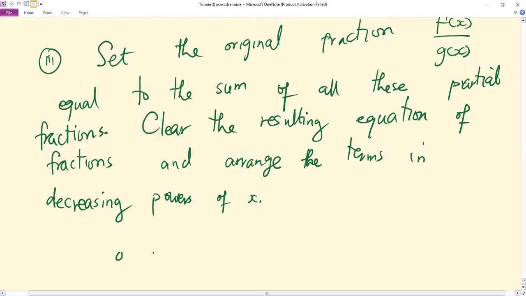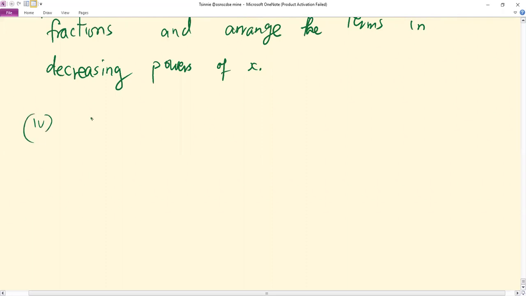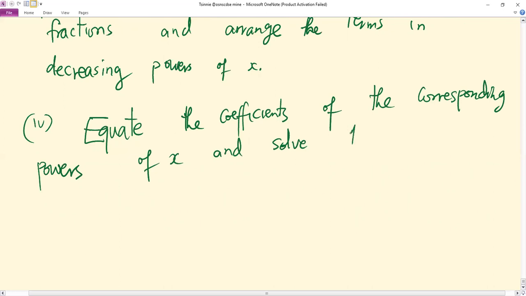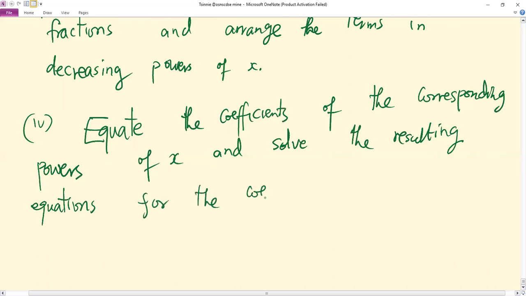And then lastly, number 4, equate the coefficients of the corresponding powers of x and solve the resulting equations for the coefficients.